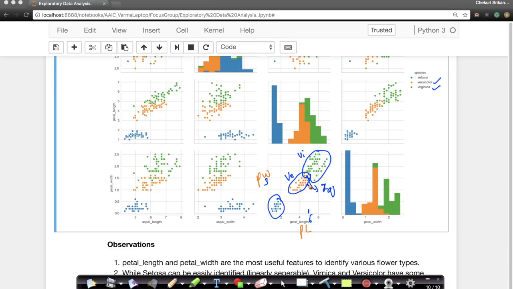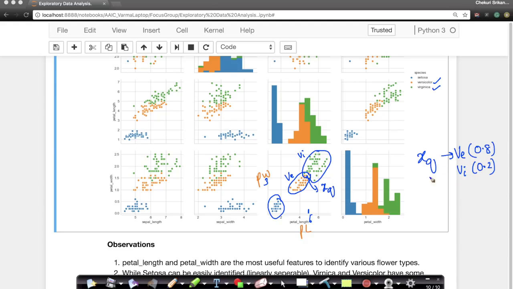To answer that simple question, I cannot exactly say whether it's versicolor or virginica. So instead, what if I say that this new flower, your query flower XQ, belongs to versicolor with a probability of 0.8, and belongs to virginica with a probability of 0.2?